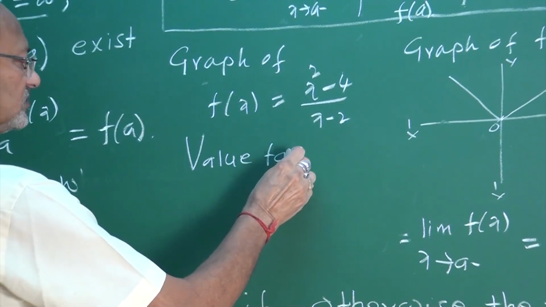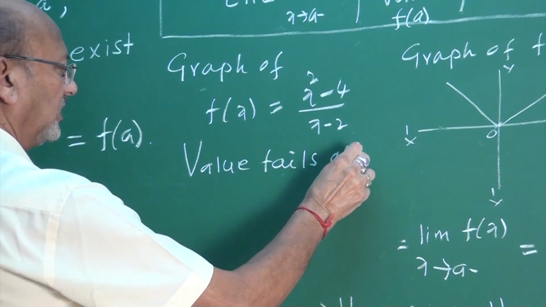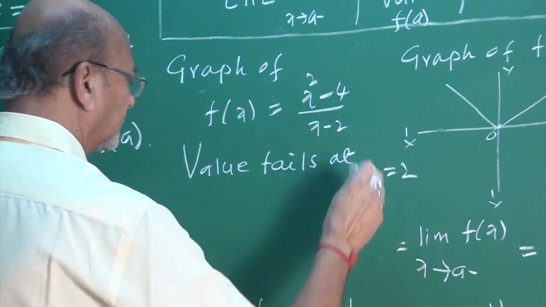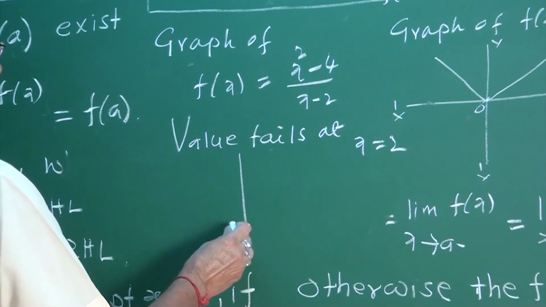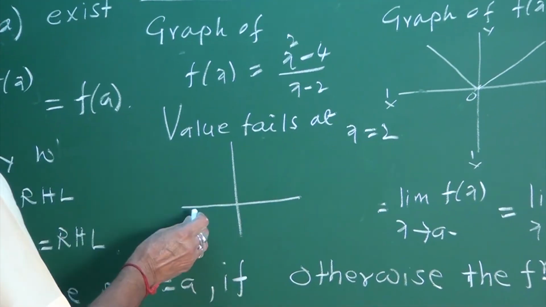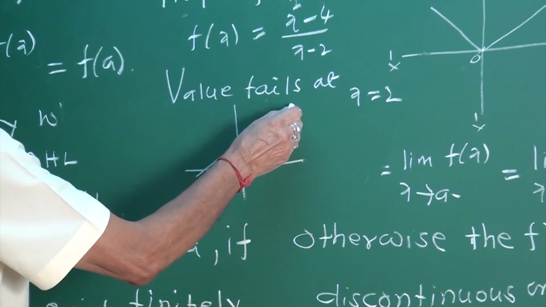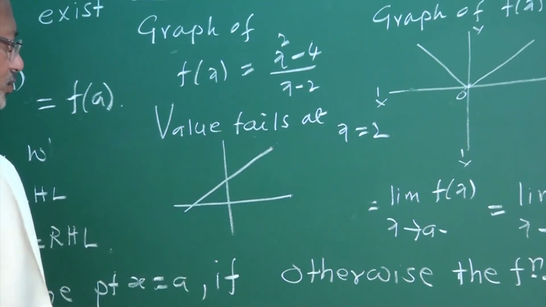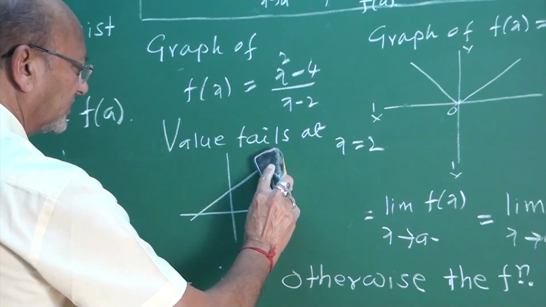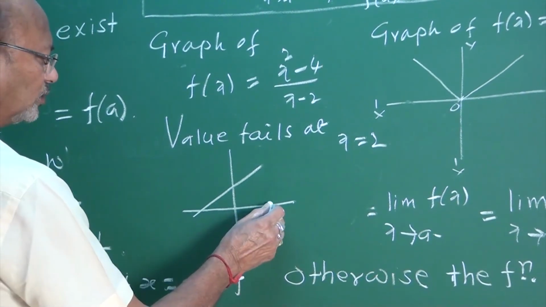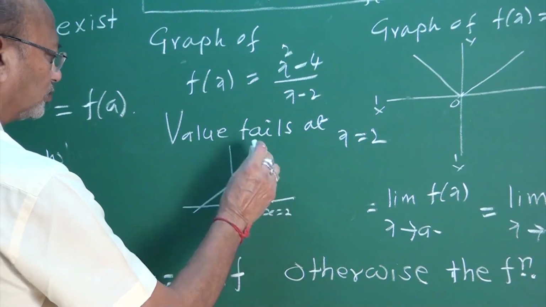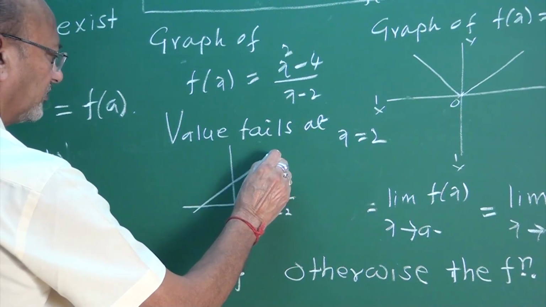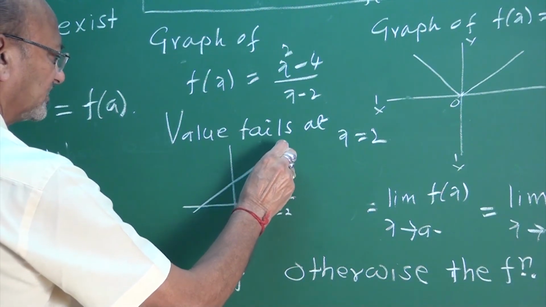The graph is also a line like this, but at x equal to 2 the break comes here.